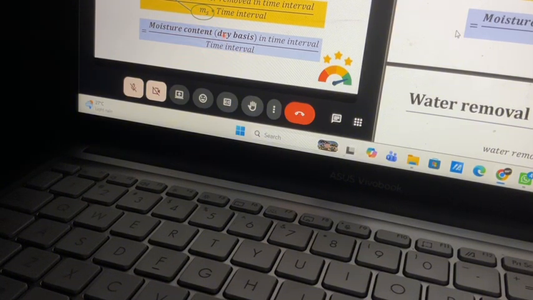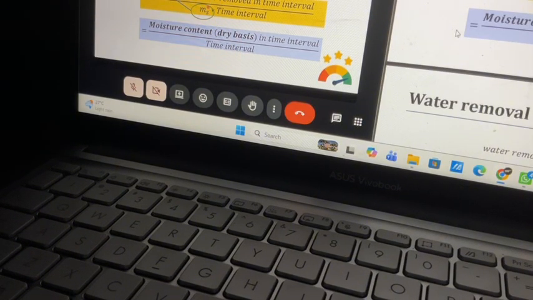So basically, when talking about the water removal rate, you want to use the moisture content dry basis over time. We're going to see this in Excel after this.